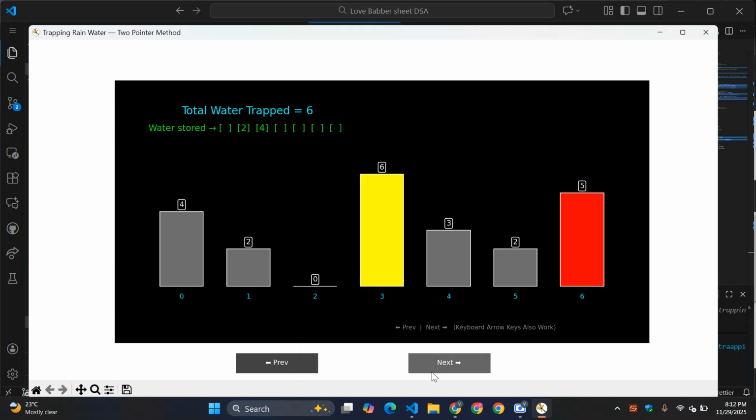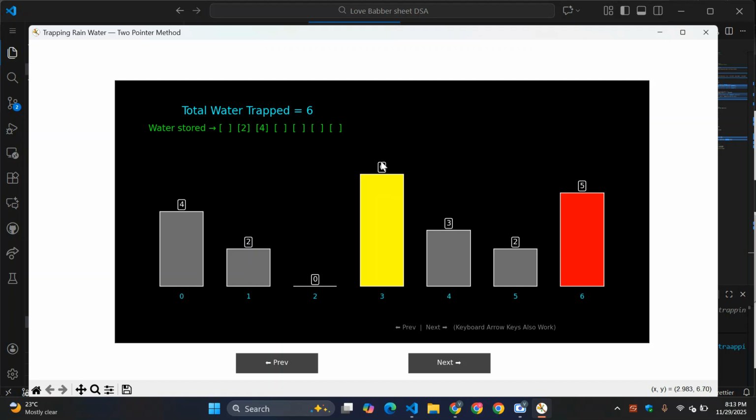Okay, the next time we found the 6, right? The left side value is greater than the right side, so we can stop here, and we just move from the right side to the left side, because we have to find how much water will be stored.